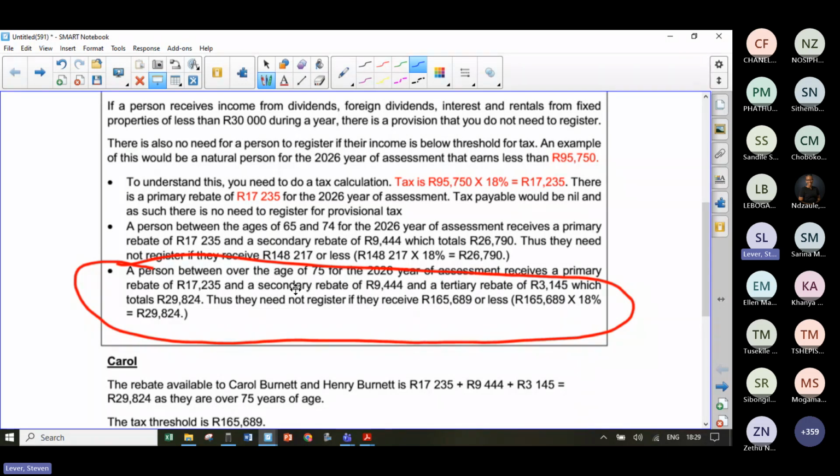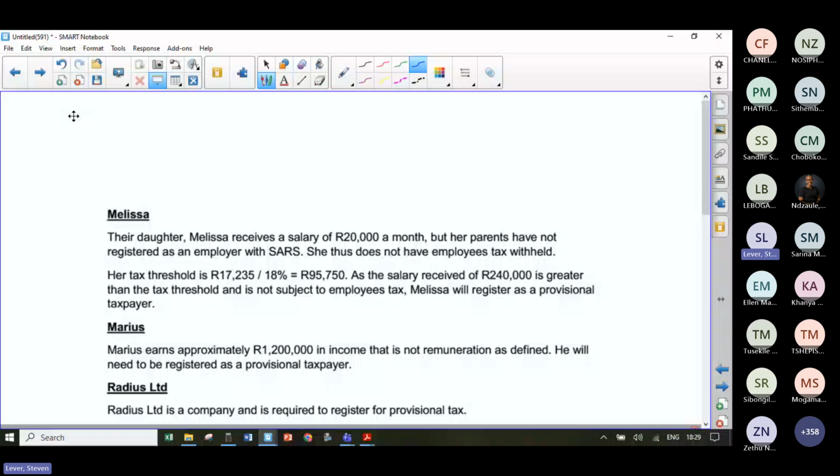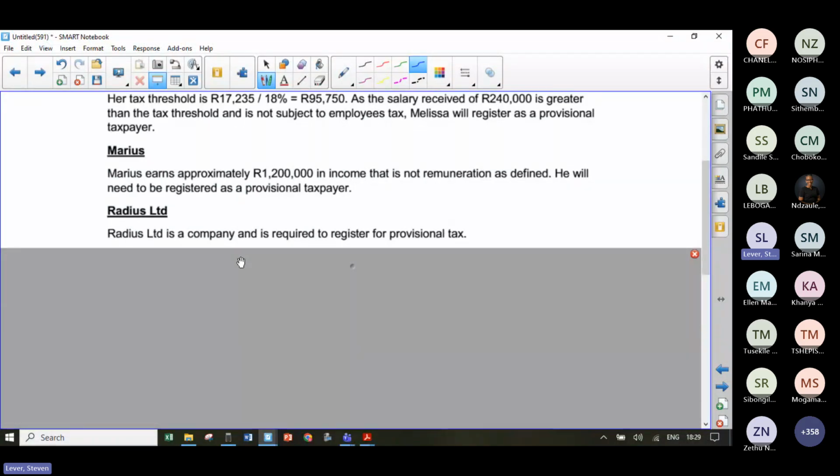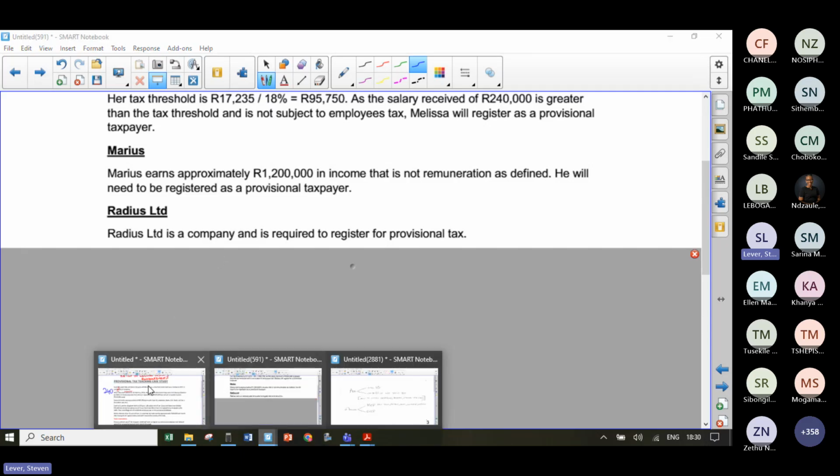If you are, you're going to ask, is there 30,000 Rand or more income, not gross income, income, so it's your net interest after your exemption, that is not subject to employees tax. If it's more than 30,000, you're required to register. So that's the first thing, and that's what I was doing with you first. The question is, do I need to register? And there's your answer. So this task 1 shows you, do I need to register?